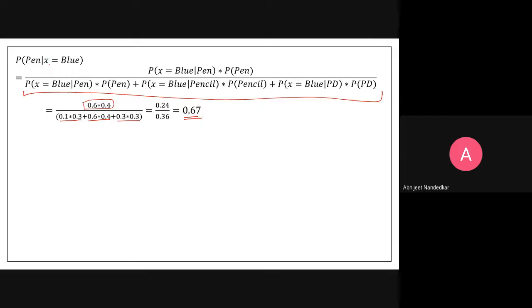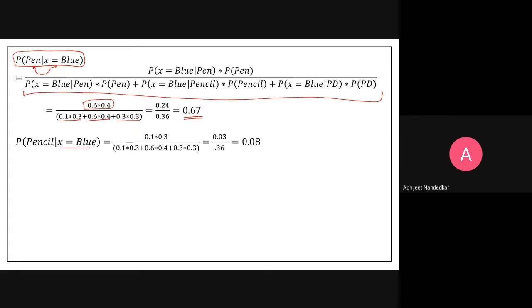So for pen, what you obtained is this probability. This is the posterior probability. What it is saying is, if the given object is of blue color, the chance that it will be a pen is 0.67. Okay, so that is now known to us. Then in the same way, we can use Bayes for getting the probability for pencil. Object is blue, then what is the chance that it is a pencil? So I hope you can solve this now and substitute proper values.